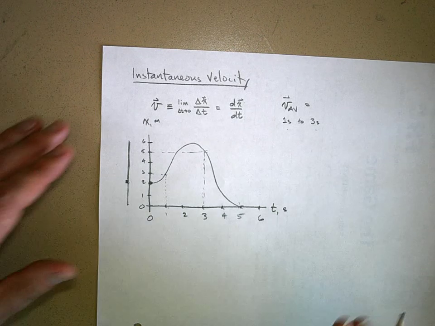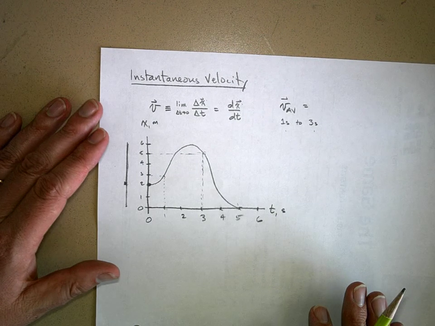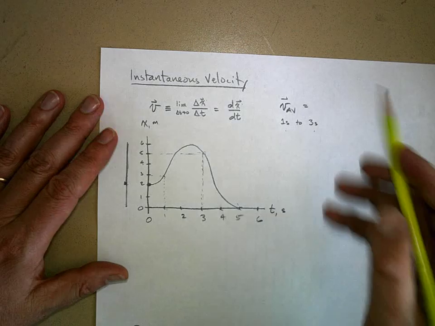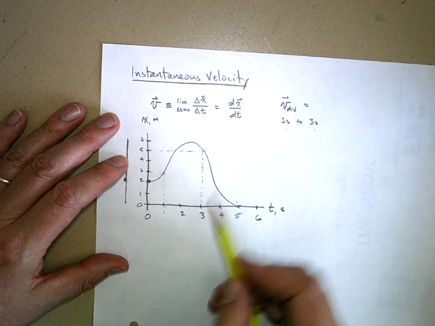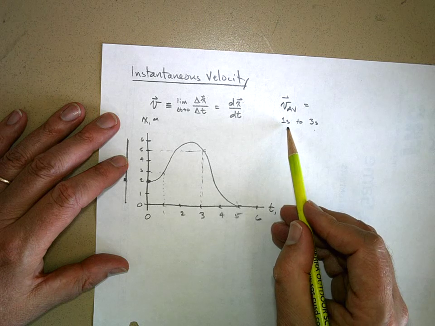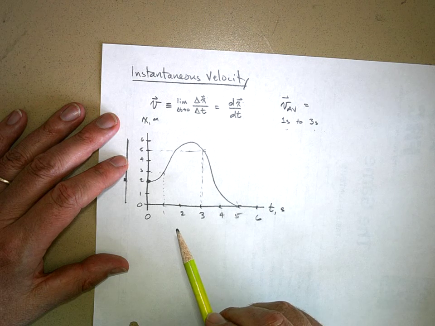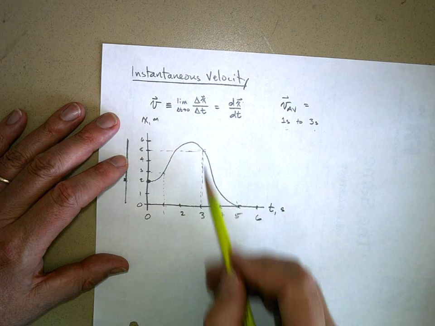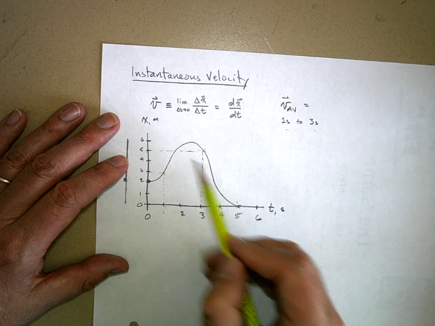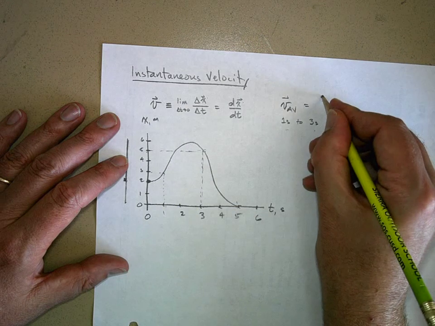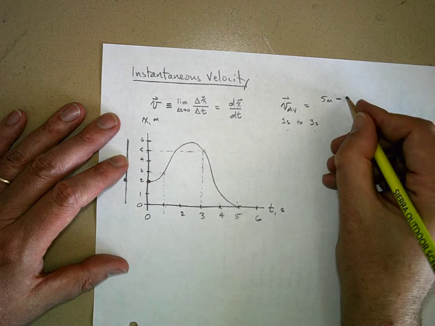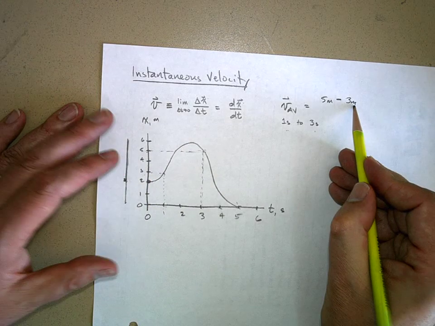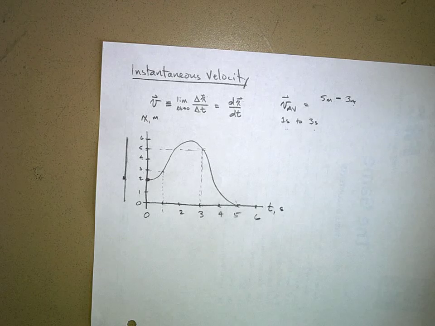All right, the average velocity here is, well, what's my final position for this time interval from 1 second to 3 seconds? My final position is 5 meters minus my initial position, which was 3 meters. The initial position for the time interval I'm looking at, not from 0, but from 1 second.